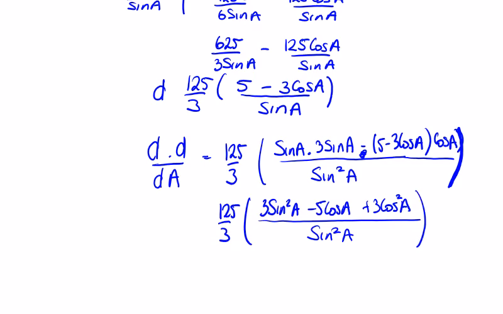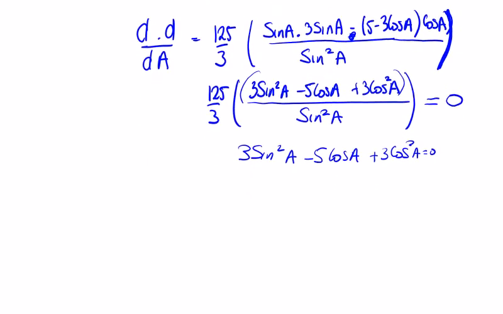Where is this question going? Okay, let's have a look. If we have an equation and we differentiate it, we're doing that so we can get a max and min value. In this case we're looking for the min value, but either way, we let it equal 0. For this to be equal to 0, the numerator has to be equal to 0. So 3 sine squared A minus 5 cos A plus 3 cos squared A will be equal to 0.